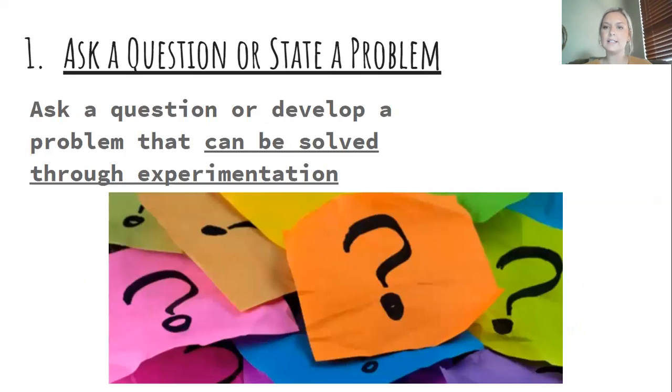Number 1, ask a question or state a problem. Ask a question or develop a problem that can be solved through experimentation. So your question needs to be able to be experimented, just like your wonder questions. You researched it, you could experiment it, it should be able to be solved through experimentation.